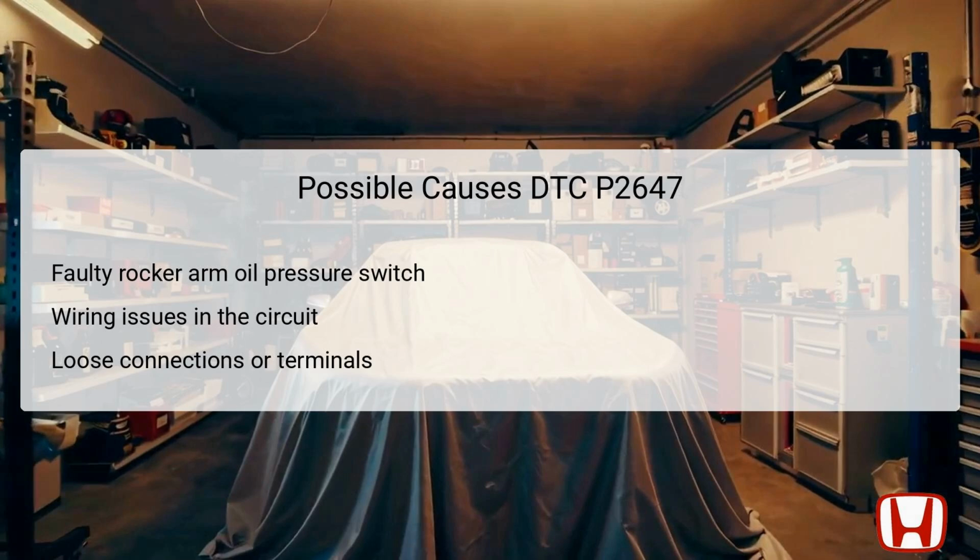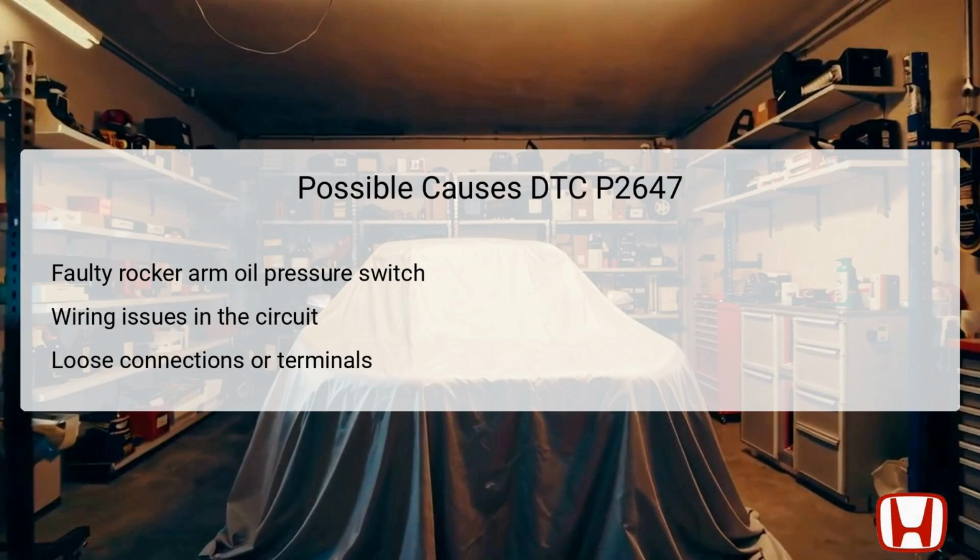Several potential causes can lead to the DTC P2647 being triggered. Firstly, a faulty rocker arm oil pressure switch could give high voltage signals due to internal malfunctions. Secondly, wiring issues such as frayed wires, shorts, or corrosion can disrupt the proper transmission of signals, leading to falsely elevated voltage levels.